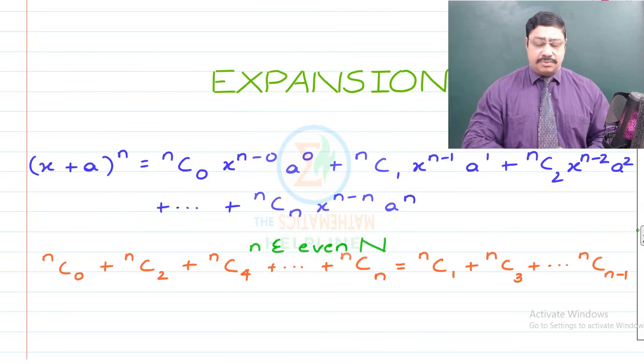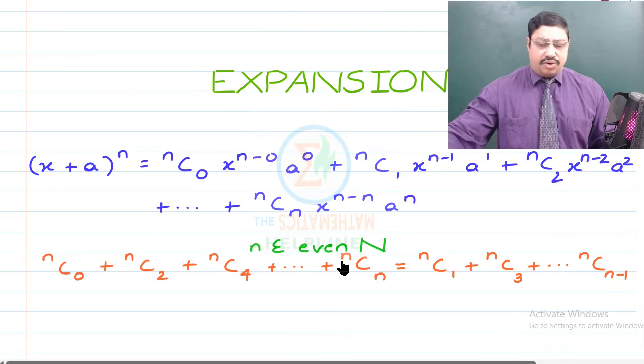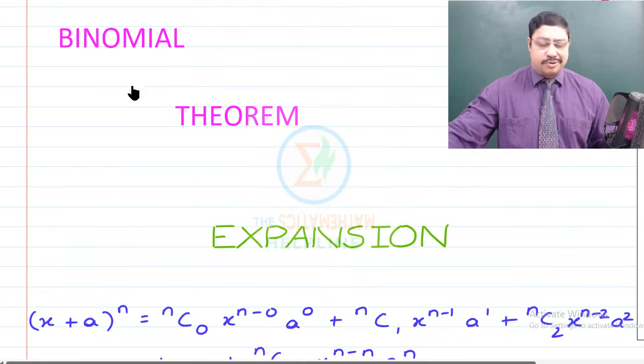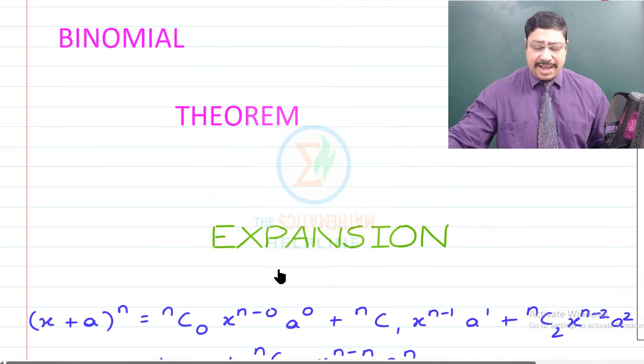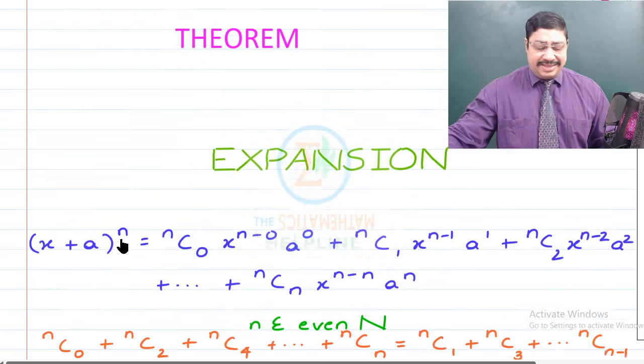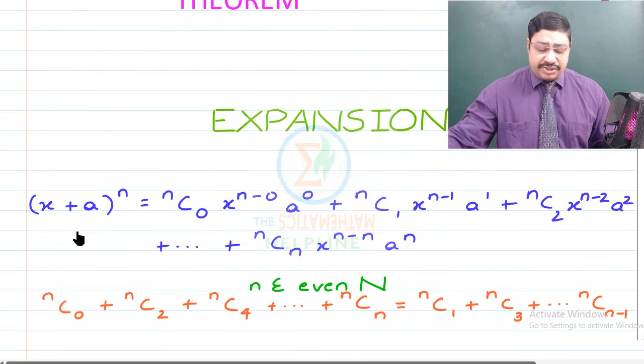Okay, so to quickly repeat all of this, here we are discussing binomial theorem when we are discussing about the expansion of a binomial. Now, a binomial is necessarily an algebraic expression which has two terms, and it is raised to a natural number power, and then this is the expansion of it.